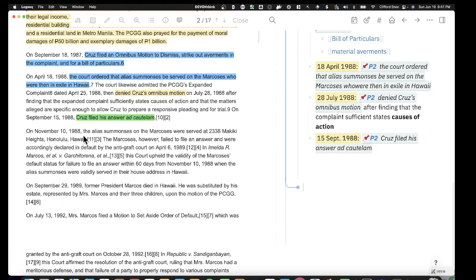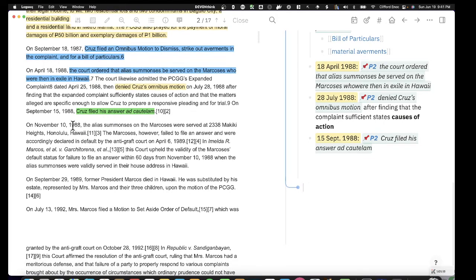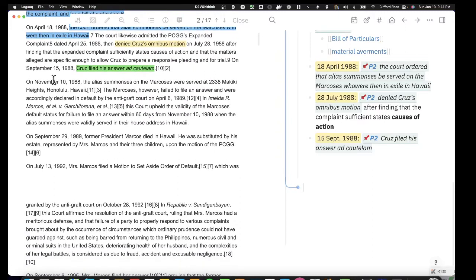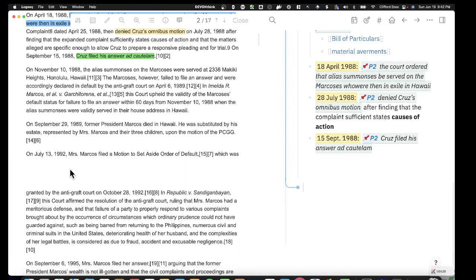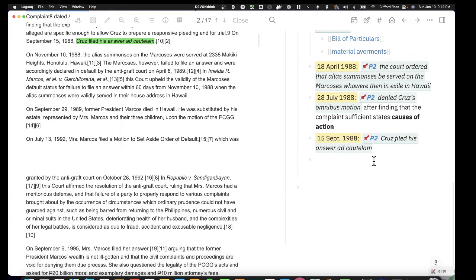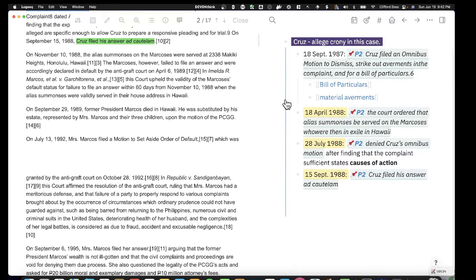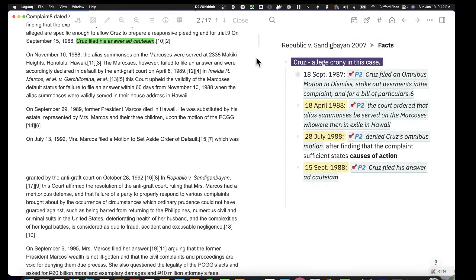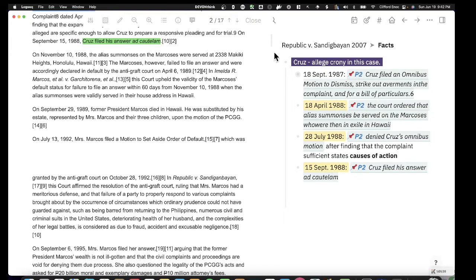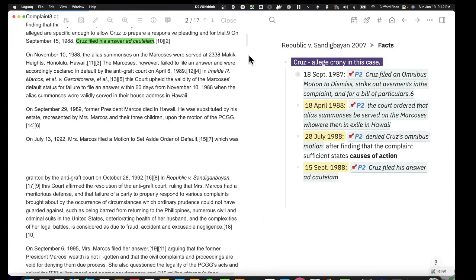Okay. And then, so, may mga timeline, haba, no? November 10, November 29, July 13. Okay, so, I will have to check kung pwede natin ma-skip some of the, kung kailangan lang ma-skip.